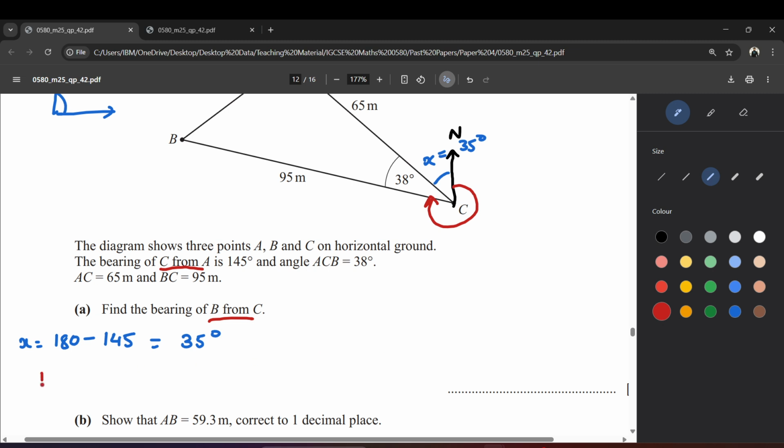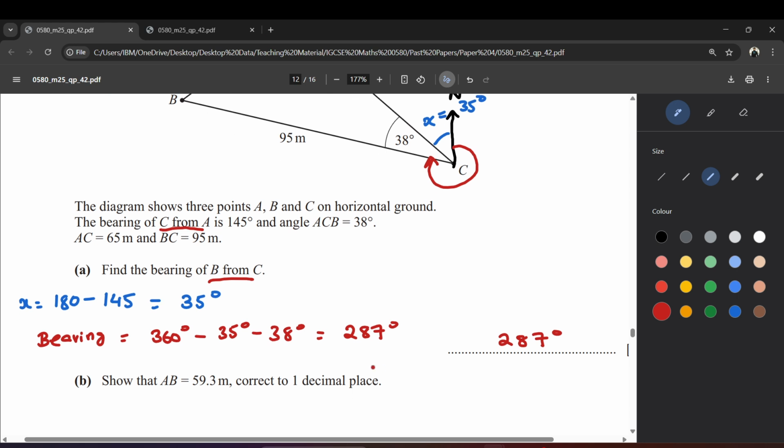Now we can say that bearing is equal to 360 degrees minus, from 360 I'm going to subtract x, which is 35 degrees, and 38 degrees. So 360 minus 35 minus 38 gives us 287 degrees.